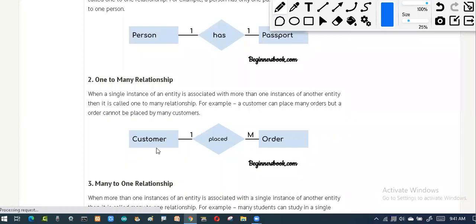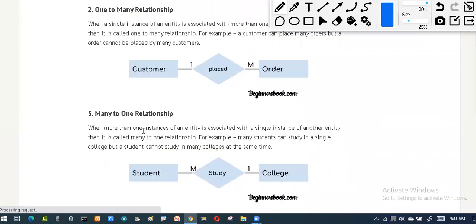Then many-to-one, the reverse of this one. When many instances of an entity are associated with a single instance of another entity, it is called a many-to-one relationship. That means more than one instance depends on the other. Here I have something like students.